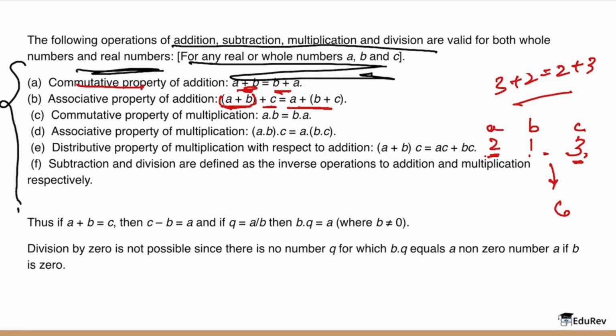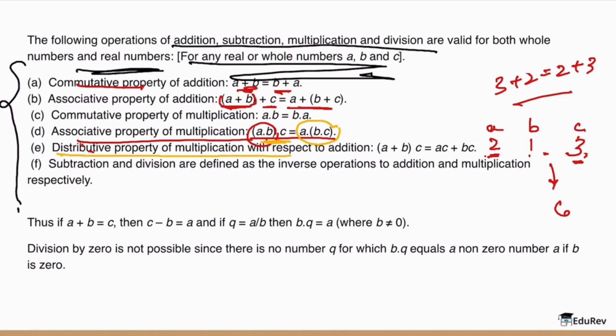Then the associative property of multiplication comes: A into B is multiplied initially and then afterwards C is multiplied with it. It will yield the same result as when I multiply B and C first and then multiply A with it.